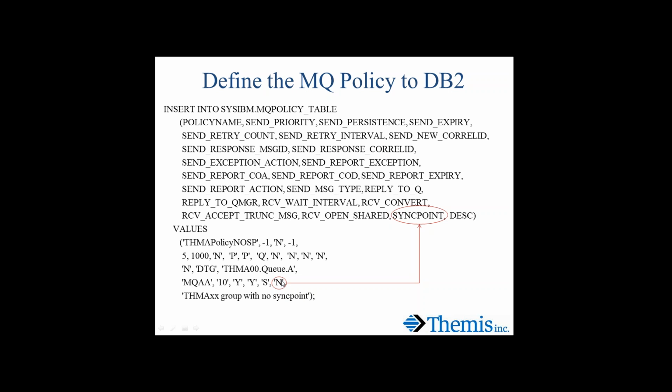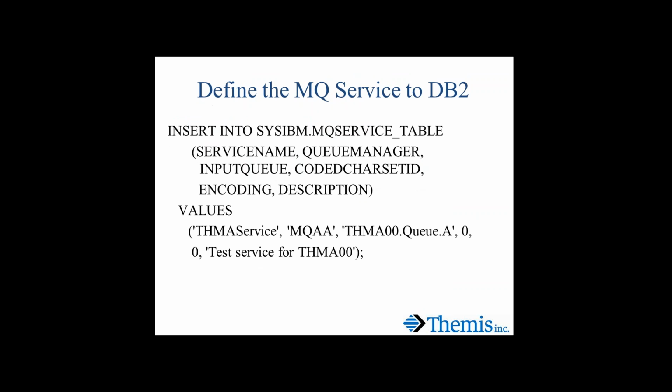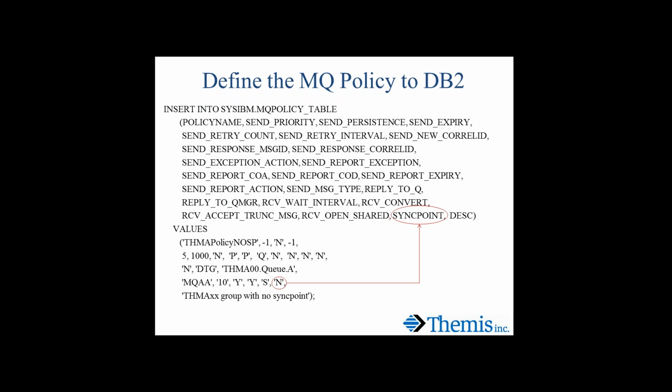So no sync point. So even if the caller commits or fails, it goes ahead and writes to the queue and keeps it out there. I have to receive it and remove it after retrieval, issue the receive to clean up the queue. Okay, and it's key, make sure that's non-synchronized.